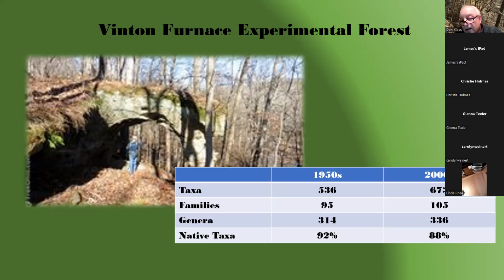The genera a little bit from 314 to 336. But then the native had dropped a little bit from 92 to 88. So it had gotten overall more healthy.